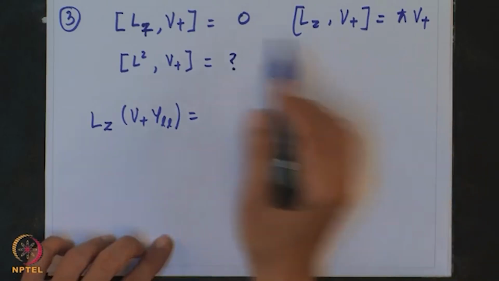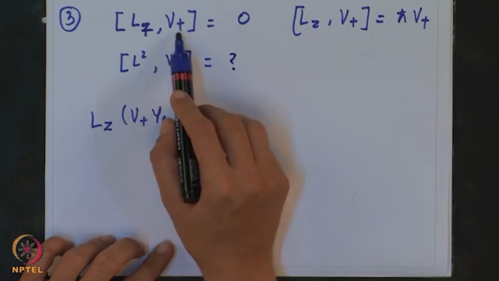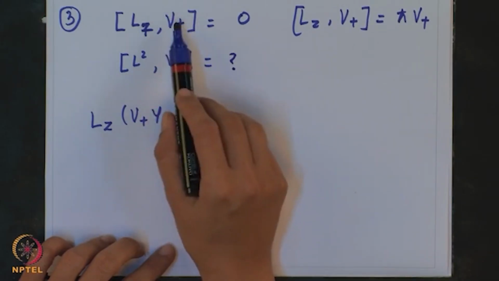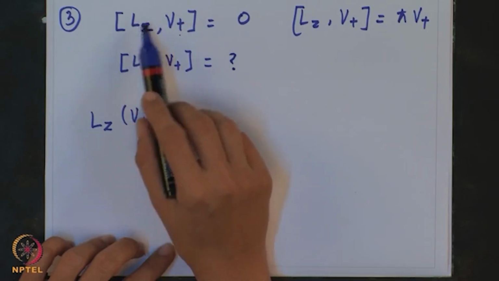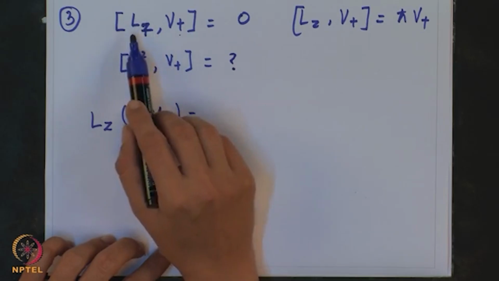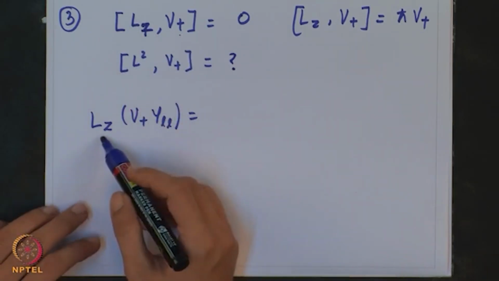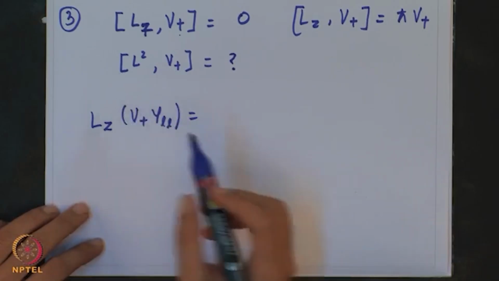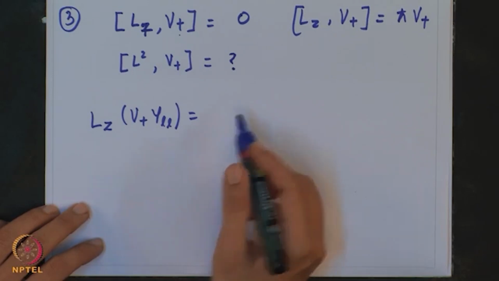So, V plus is a kind of raising operator similar to your L plus, but it may not act exactly like L plus. It is a new operator. So, when Lz is operated on this state, what do you expect or obtain is the question.